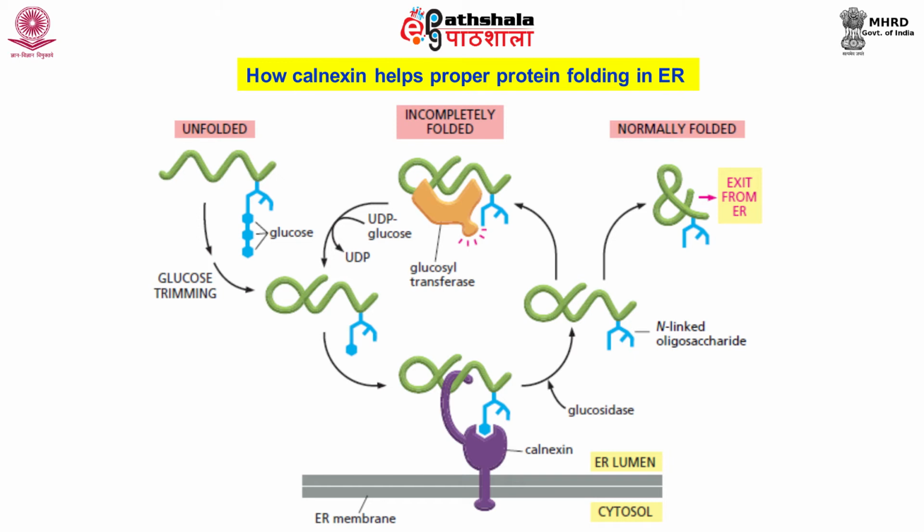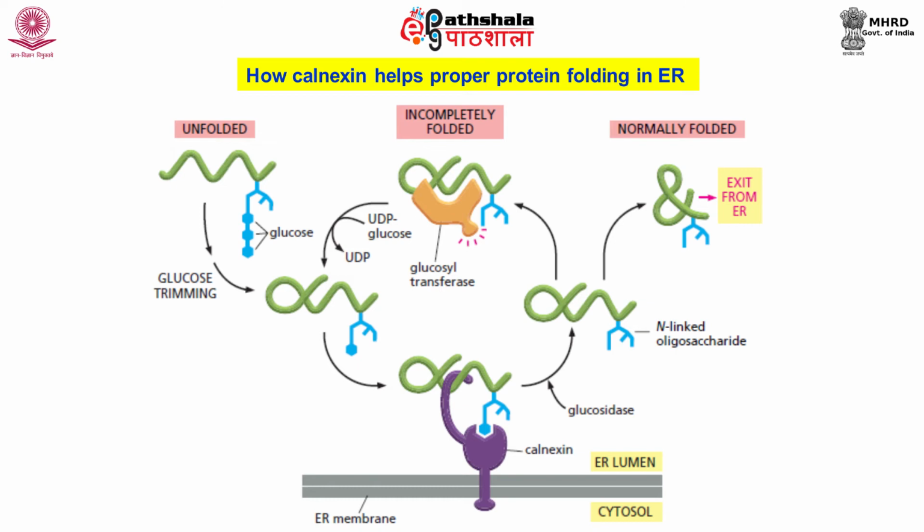Calnexin binds to incompletely folded proteins containing 1 terminal glucose on N-linked oligosaccharides. The terminal glucose is removed by a glucosidase and the protein is released from calnexin. A glucosyl transferase is the crucial enzyme that determines whether the protein is folded properly or not.